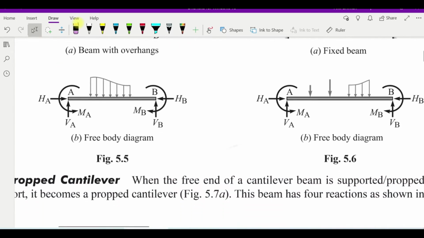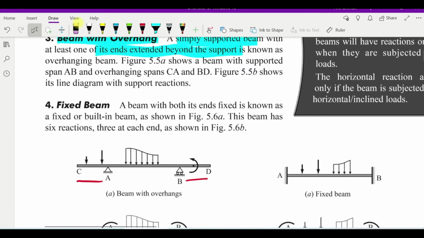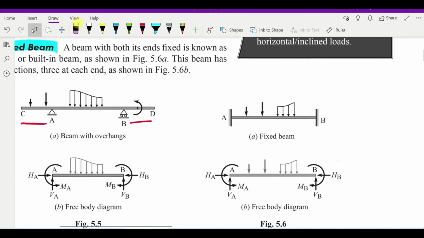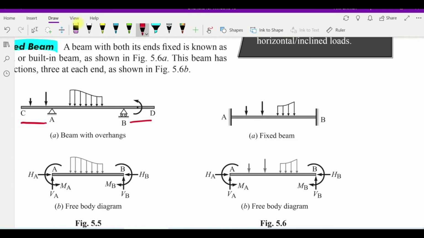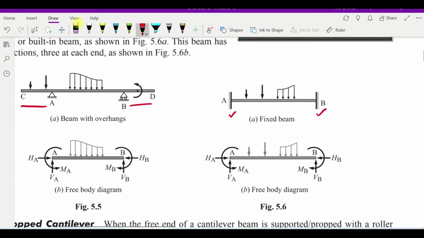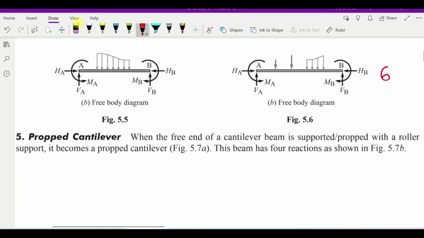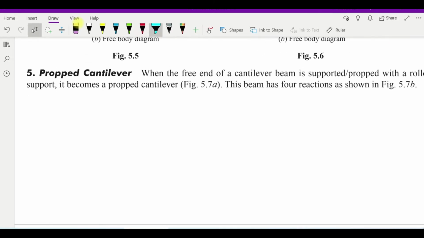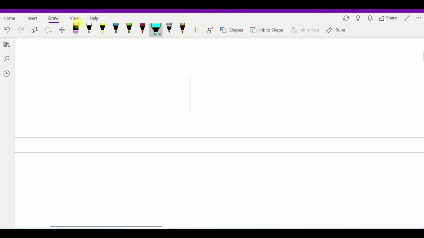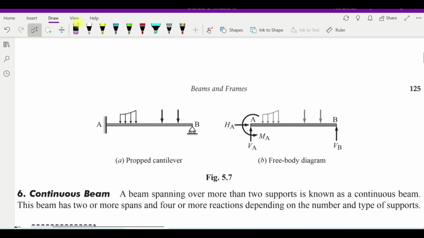The next category of beam is the fixed beam, and the fixed beam has both the ends fixed. You can see here, A is fixed and B is fixed, and if we remove both the ends, end A will develop three reactions and B will also develop three reactions. So the total number of reactions developed will be 6. The next category of beam is the propped cantilever, and let us look at its diagram.